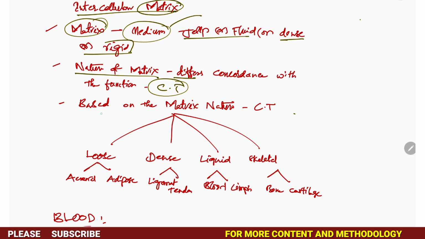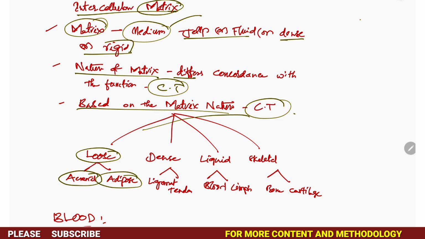Based on the matrix nature, the connective tissue can be classified into loose connective tissue, which is comprised of areolar connective tissue and adipose connective tissue. In this tissue, a loose matrix is present. You got my point. And also dense connective tissue, which is composed of ligament and tendon.